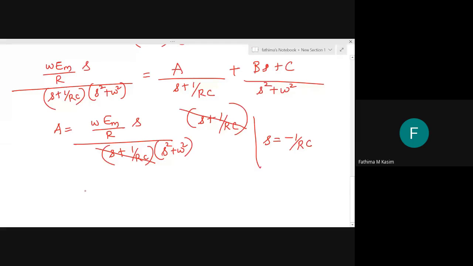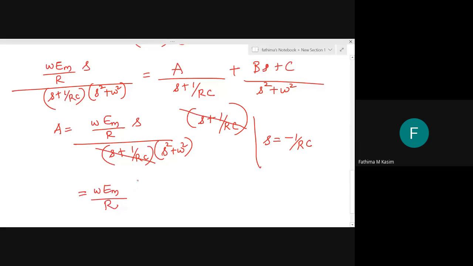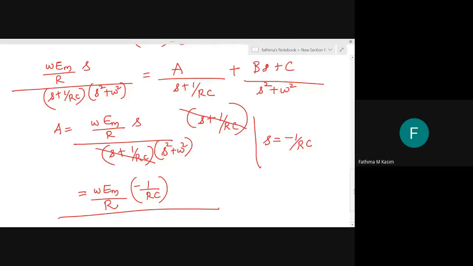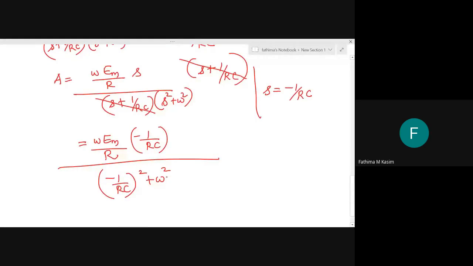So I can write this like omega Em by R into S is minus 1 by RC here. So I can substitute minus 1 by RC over here divided by minus 1 by RC the whole square plus omega square. So that is in the denominator.